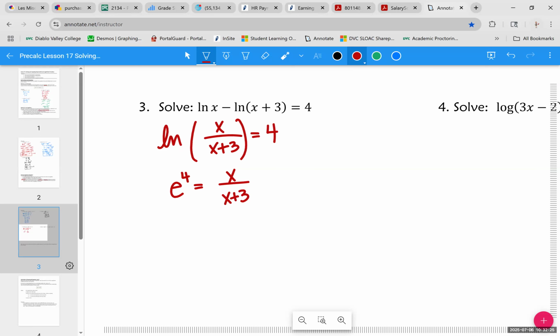Now I'm going to multiply both sides by that x plus 3 to get it to cancel. You could also think of it as cross multiplying if you want to, either way. So I'll have x plus 3 times e to the 4th equals just x, and that's just from multiplying both sides like this.